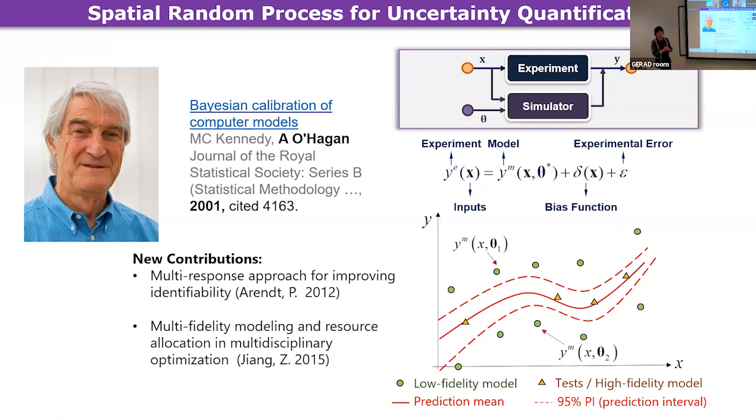So we use multi-response, and there's many different solutions. That's identifiability, right? There could be many different possible combinations that leads to the result that will match with your output. So we use multi-response approach, and more recently, we're working on multi-fidelity modeling, and for both multidisciplinary optimization and some other applications.